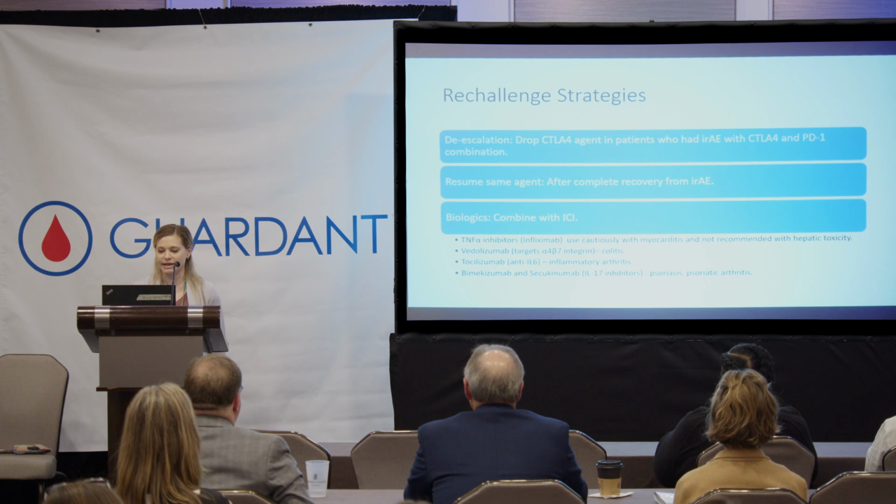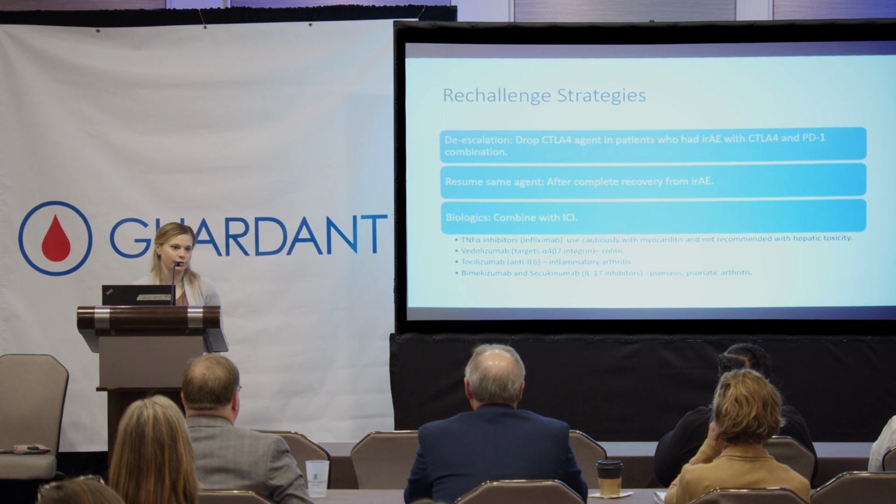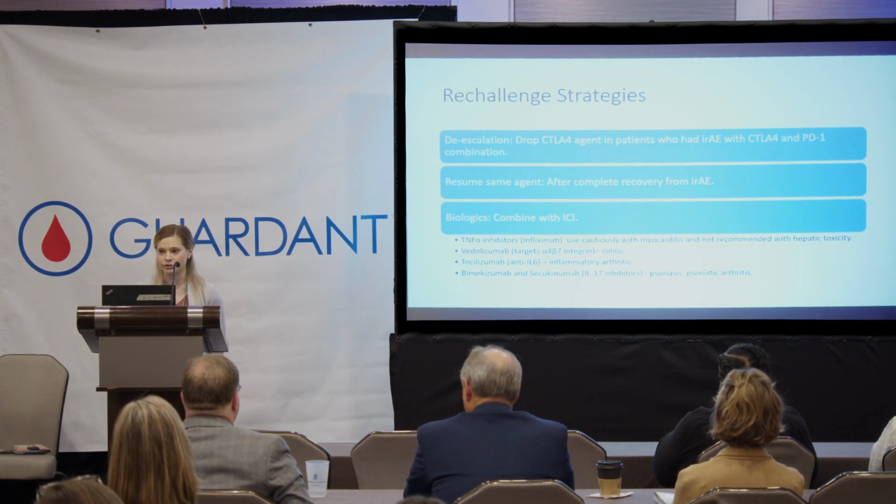There's no randomized data in the rechallenge setting to inform this decision, and there are even limited retrospective studies that have not done direct comparison between these different approaches, but this is typically what you would see. This is the decision tree that you'll have in your mind when you go to your patient that's had an adverse event and you want to consider rechallenge.